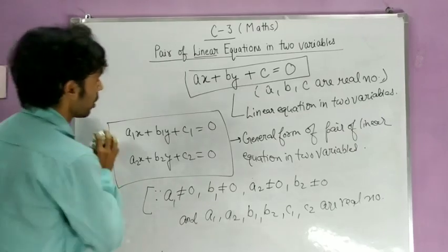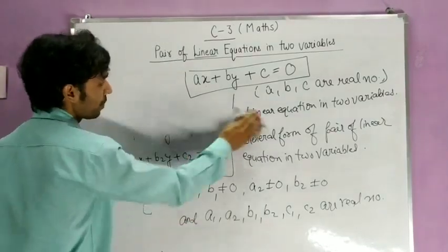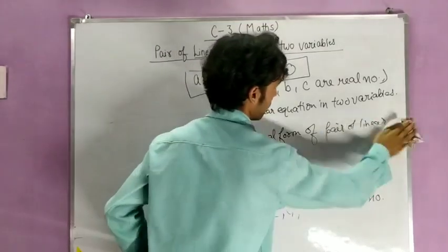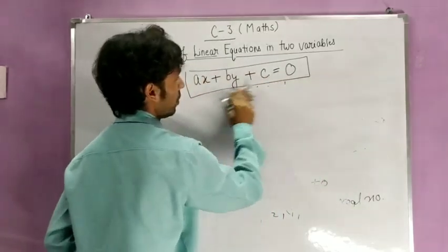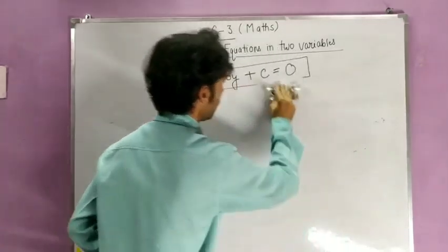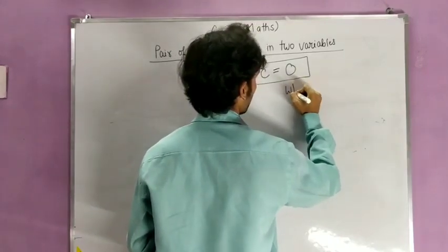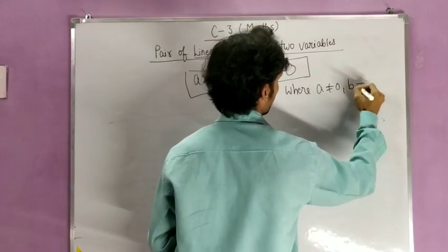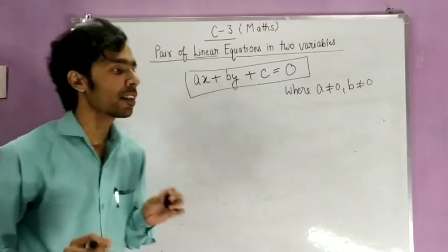Now students, let's understand why these cannot be 0. Okay, suppose I have written a pair of linear equations like this.